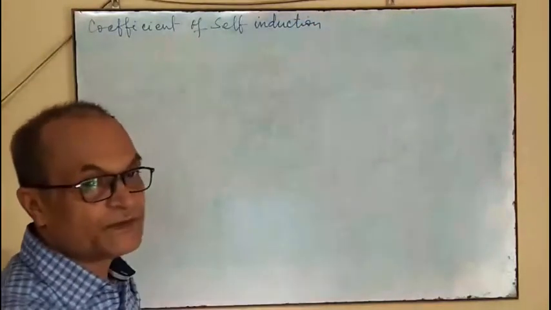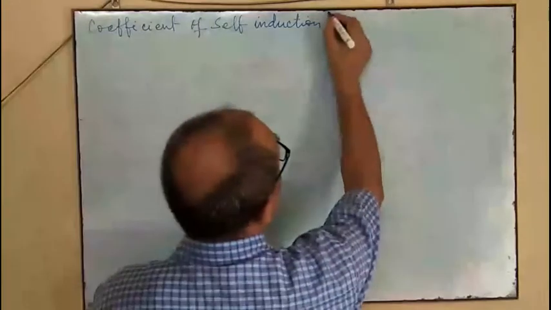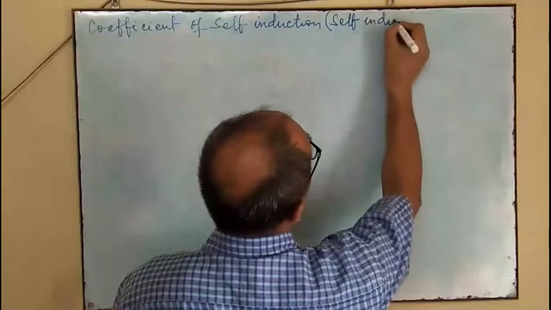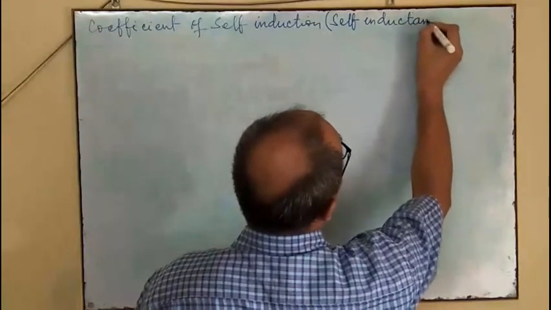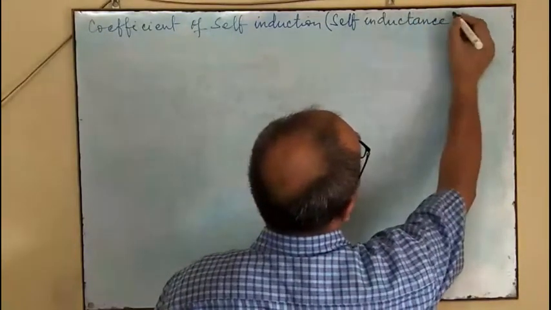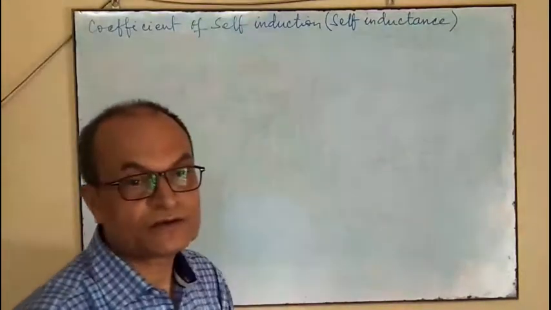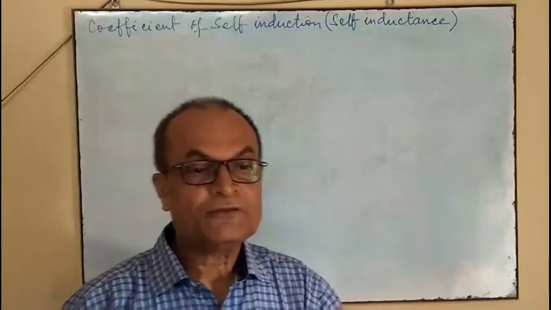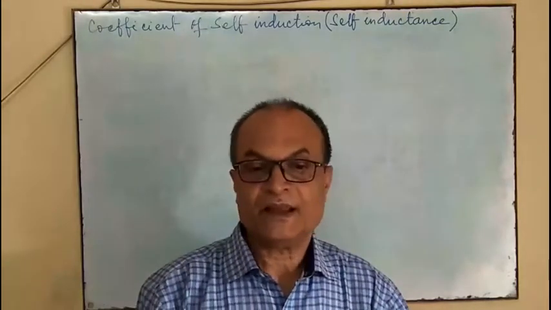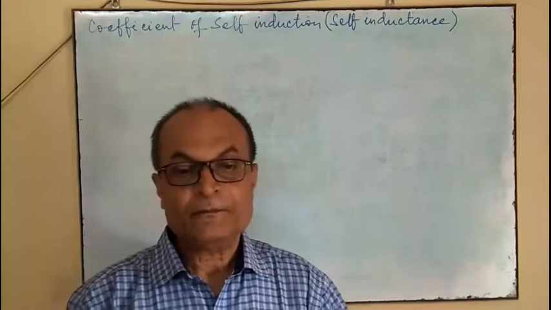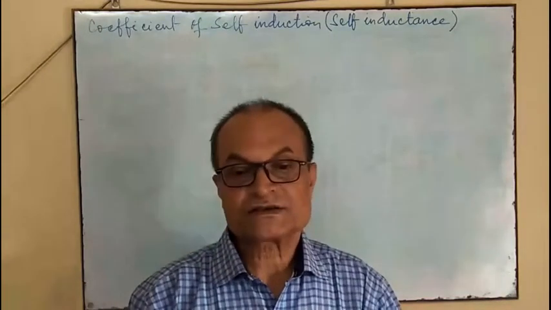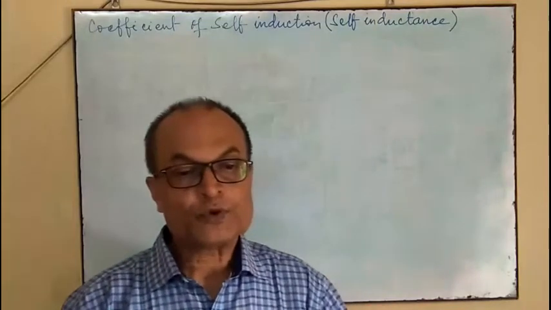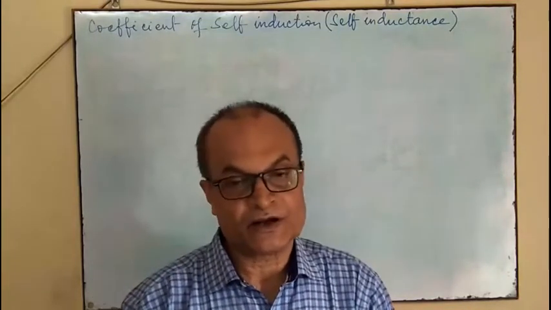Now we are going to discuss the coefficient of self-induction. It is also known as the self-inductance of that coil. So let current I flow through the coil at any instant. Definitely the magnetic flux linked with the coil is found to be proportional to the strength of the current.